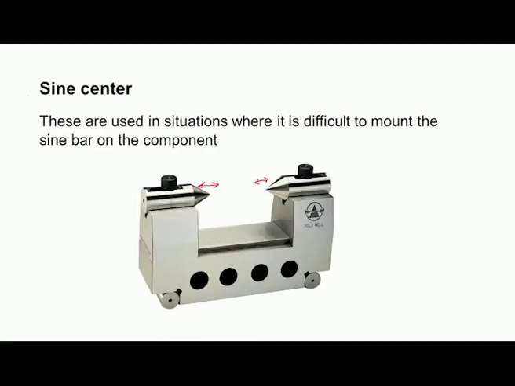So, these sine centers are used in situations where it is difficult to mount the sine bar on the component. So, what we can do is mount the workpiece between centers like this, and then, using a dial indicator, we have to keep the slip gauges here.